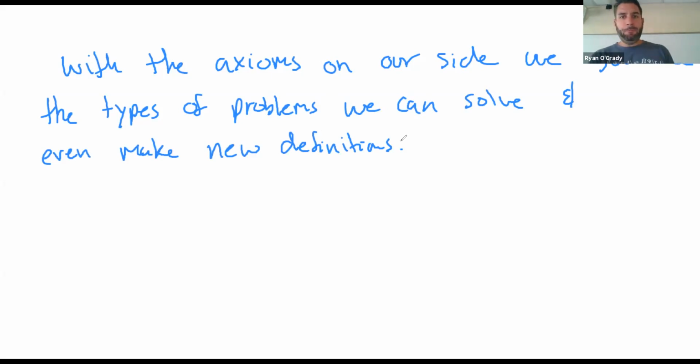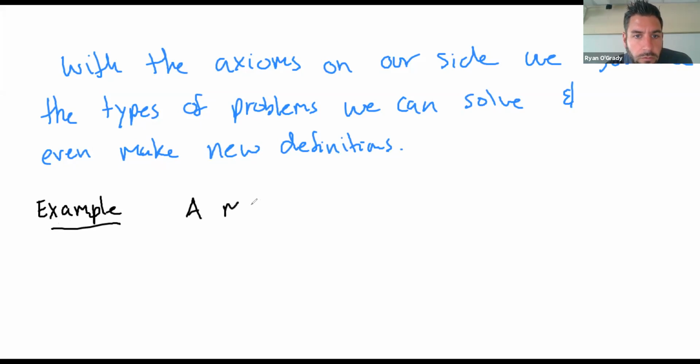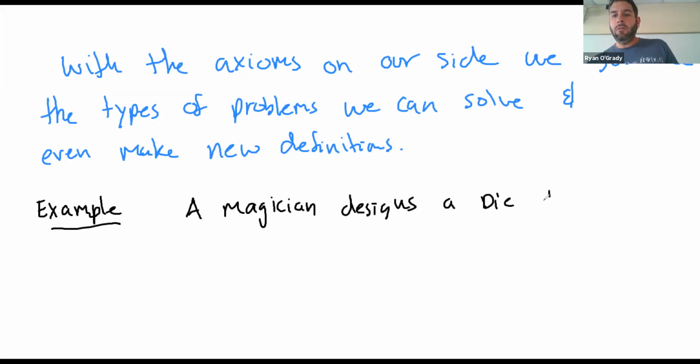Let's look at an example. This one is going to be similar to a homework problem. A magician, that's what magicians like to do, designs a die that is unfair.